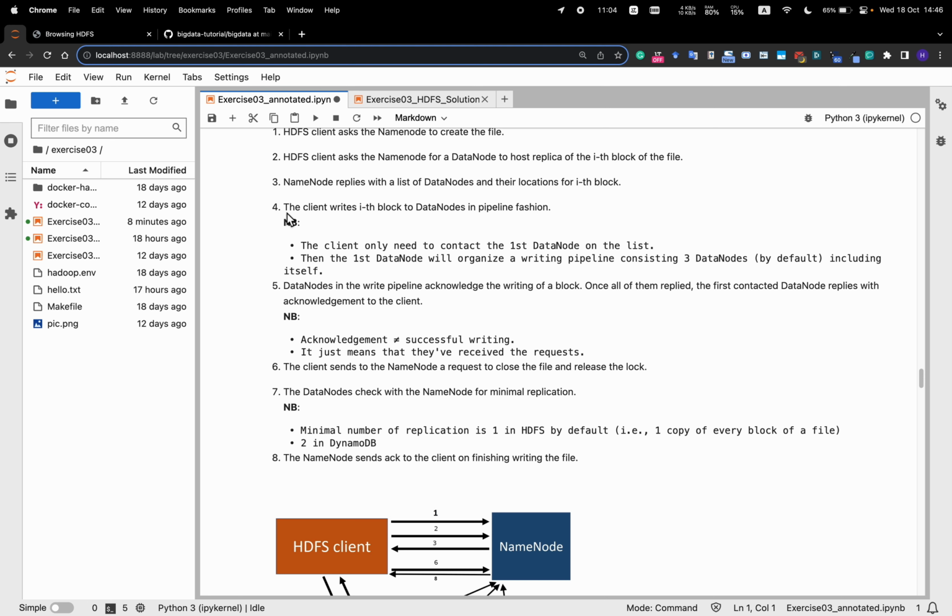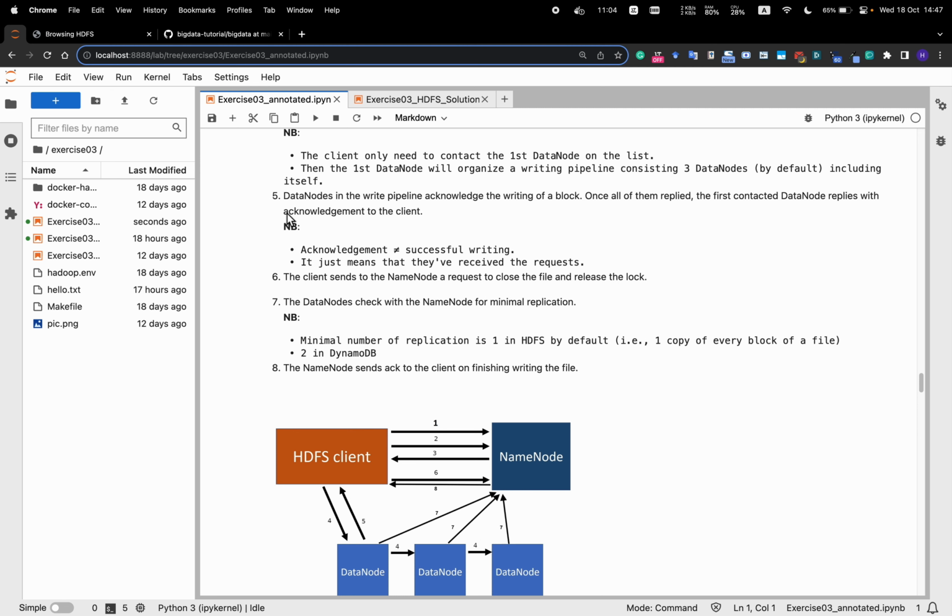And the fifth step is also a bit ambiguous. Here it says that the writing pipeline acknowledges the writing of the file. Once all of them replied, the first contacted data node replies with an acknowledgement to the client. So basically, replying doesn't mean that this block has been stored somewhere else.